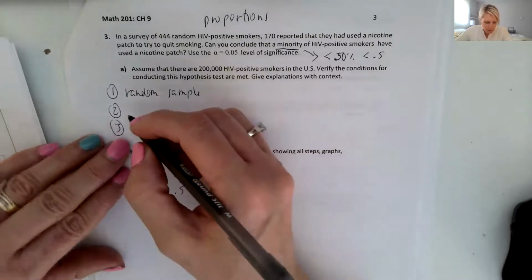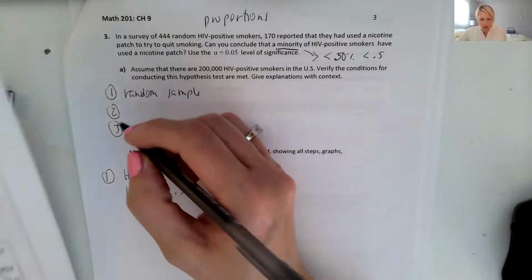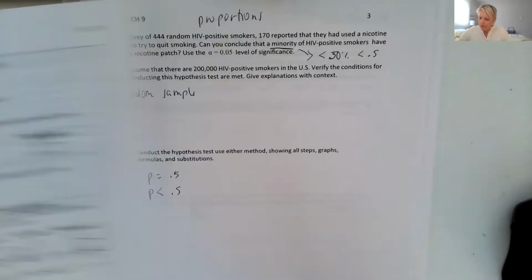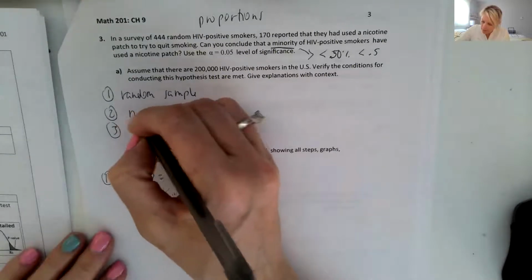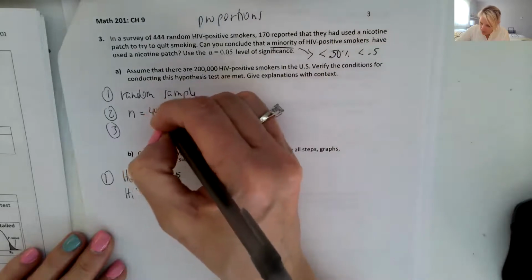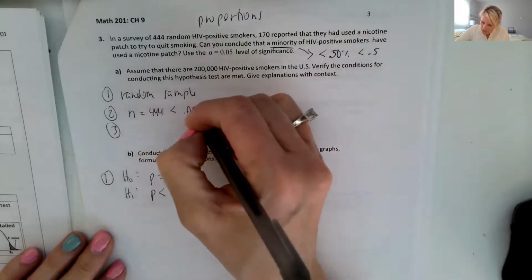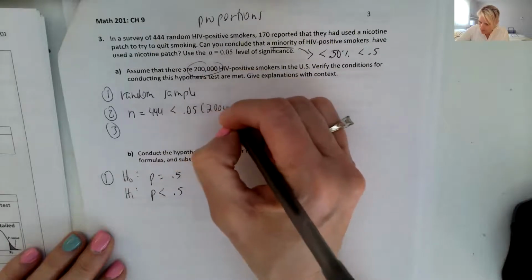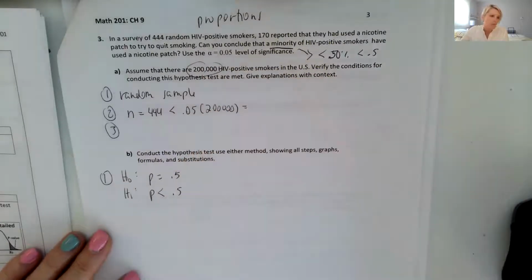Okay, number 2 says we have to show that our sample is smaller than 5% of the population. So our sample N is equal to 444. And is that less than 5%? They said that we know our population size is 200,000.